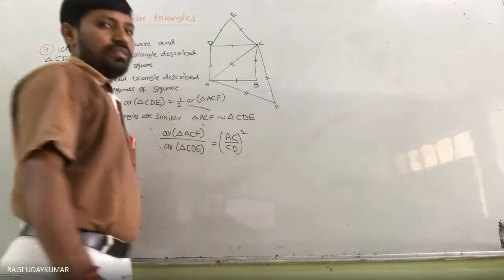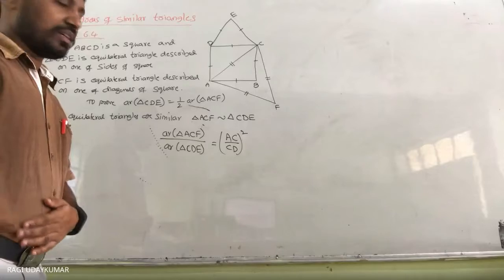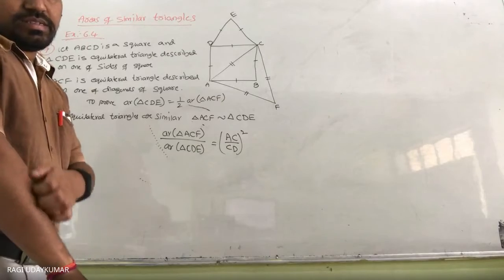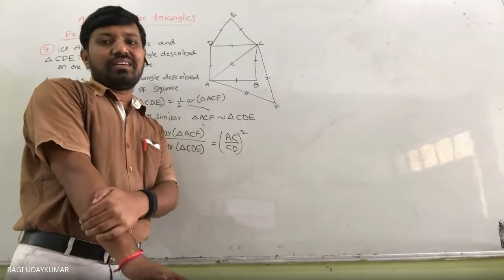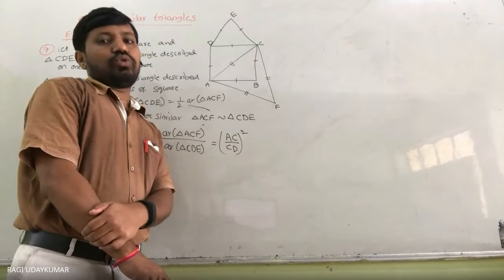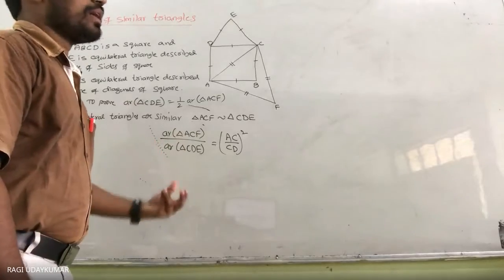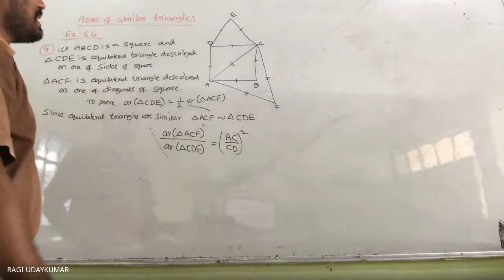Can we write it? Yes, AC by CD whole square. And AC is what here? It is a diagonal. Diagonal is √2 times the side of the square. √2 times होगा ना? Since by the Pythagoras theorem, you can keep it. If you want, you can write here ABCD is the square and AC is the diagonal.